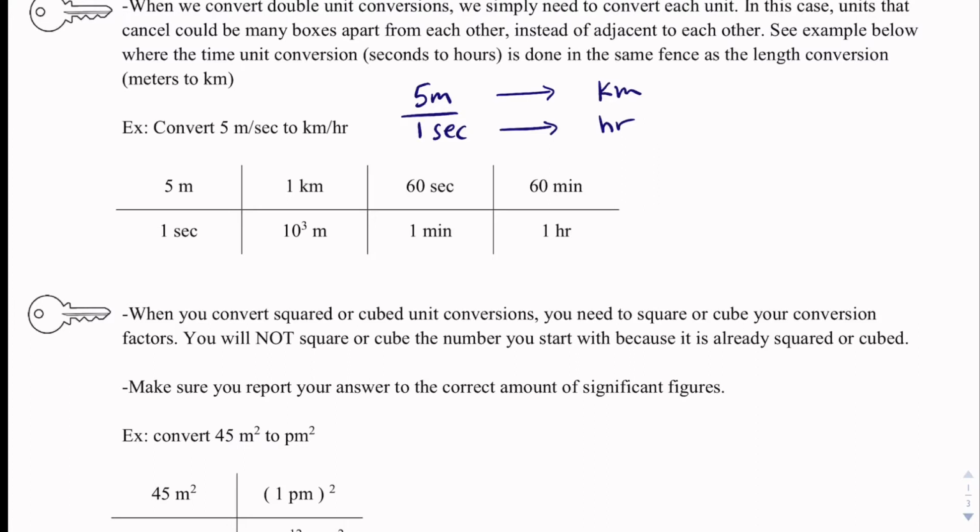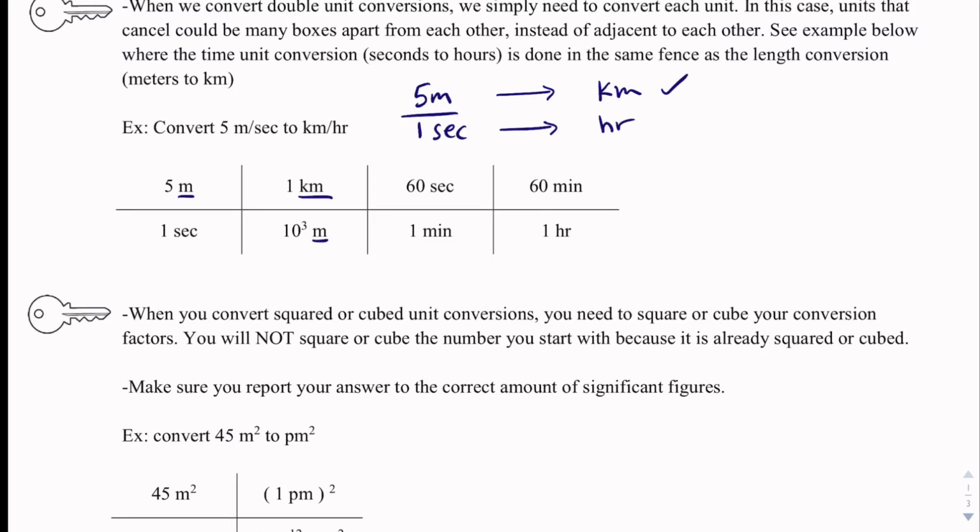Okay, the 1 is not impacting the math here, but you can put a 1 there if you want a number. So I'm going to first convert meters to kilometers. So I have meters, diagonally I'll put meters, and then I'll go to kilometers. I know that kilometers has a prefix, so it'll have a 1, and then the corresponding value is 10 to the third. I have converted those two units.